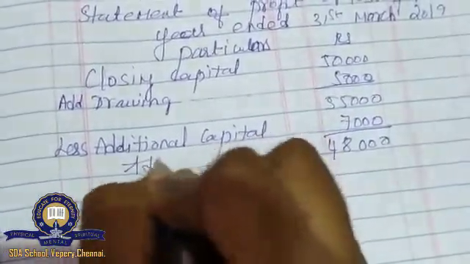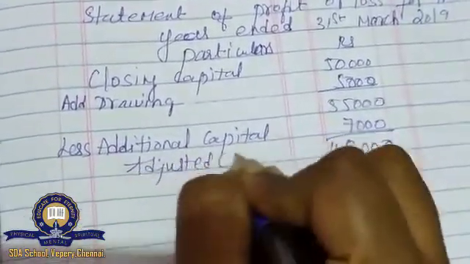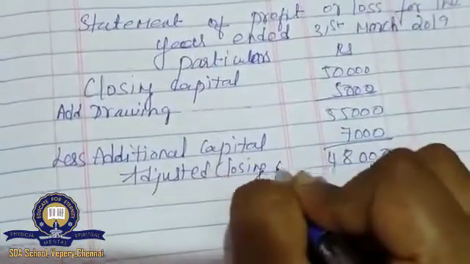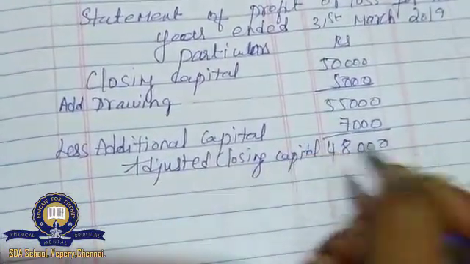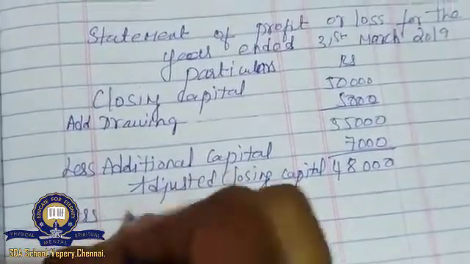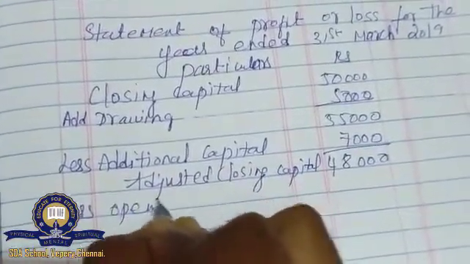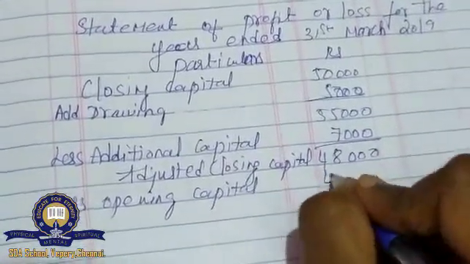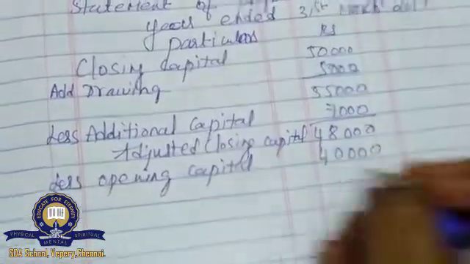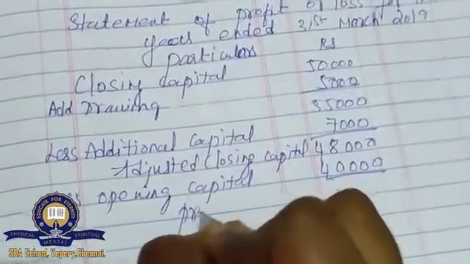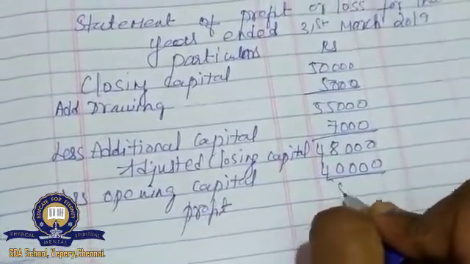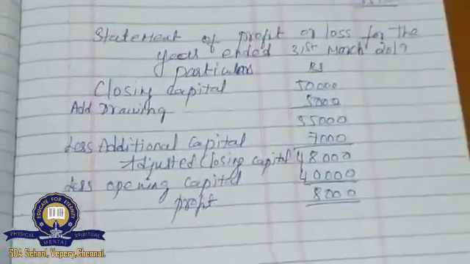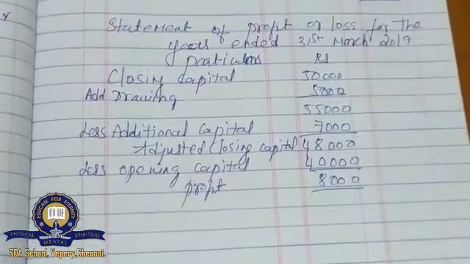So that is called adjusted closing capital. Then less opening capital. The opening capital amount is 40,000. Then what is the profit amount? 8,000. So this is the statement of profit or loss for the year ended.